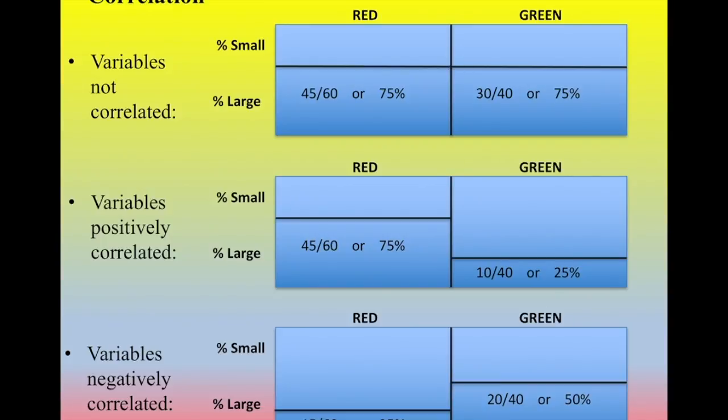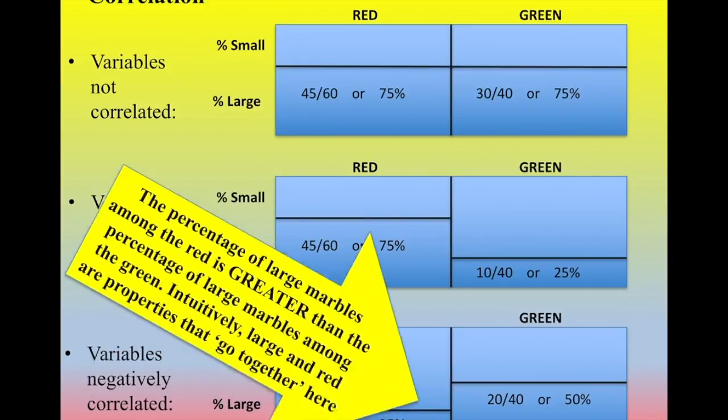Remember, originally you were predicting 55% chance that it's large, but now that I've given you this extra evidence, you are now going to increase your probability estimate, because now there's a 75% chance that this marble is large, right? 75% of the red marbles are large. So if you know that it's red, you're changing your probability estimate to 75%. In other words, learning that the marble is red is important information to you and has caused you to increase your probability about its being large.